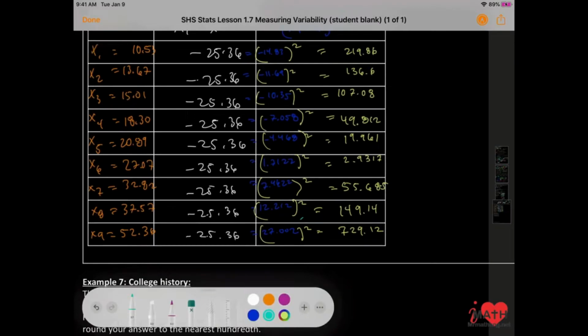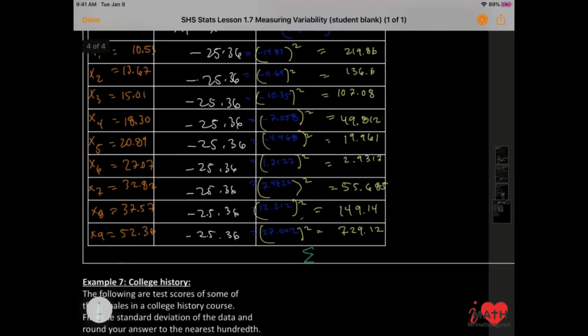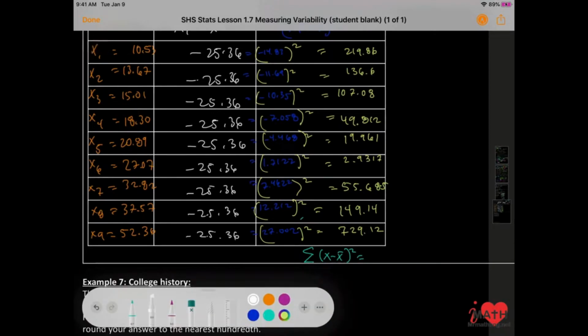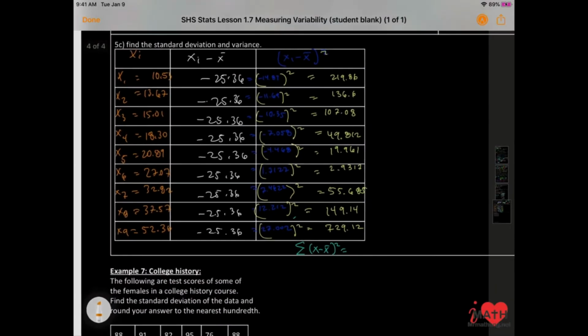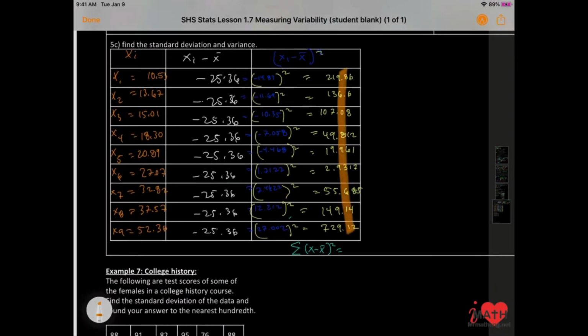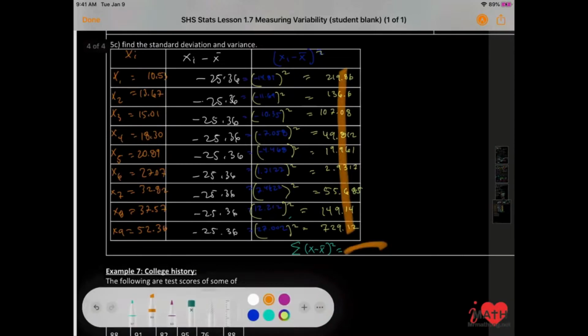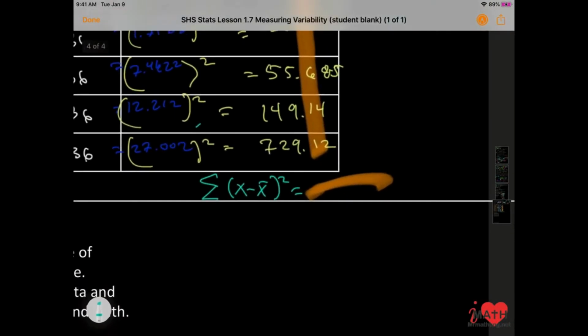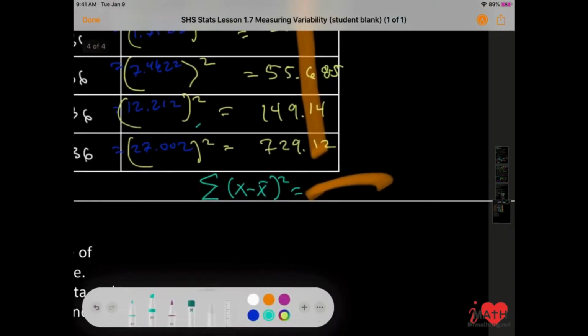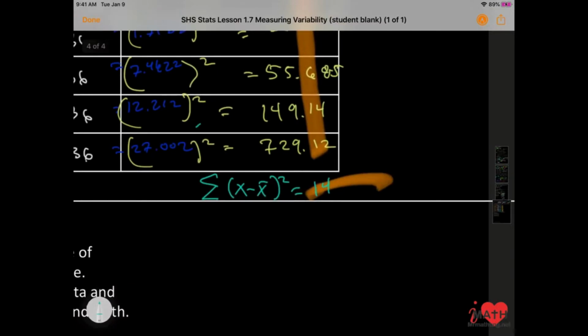If you take all these numbers now, the formula is the summation of all of these values now squared. So if you add up all of these numbers here in orange, you will get 1,470.191,756.